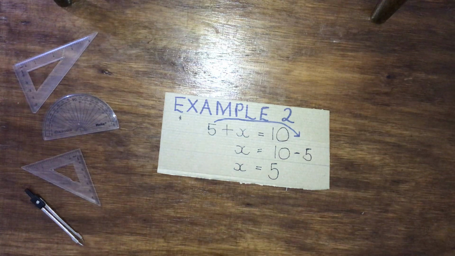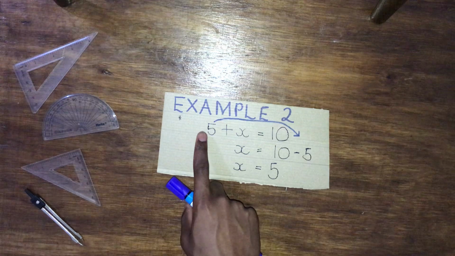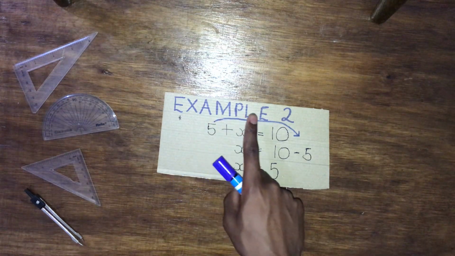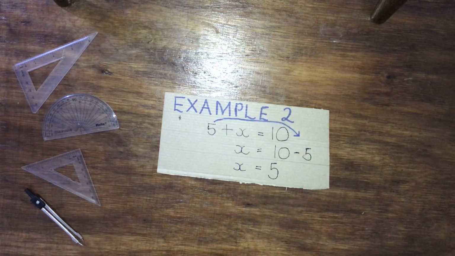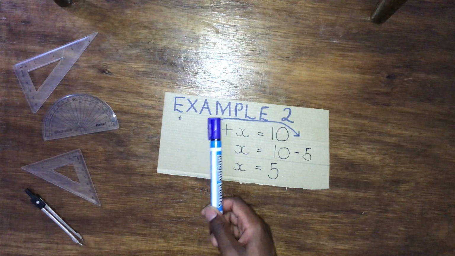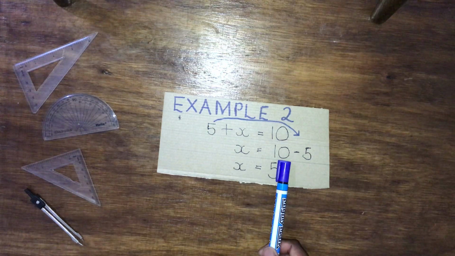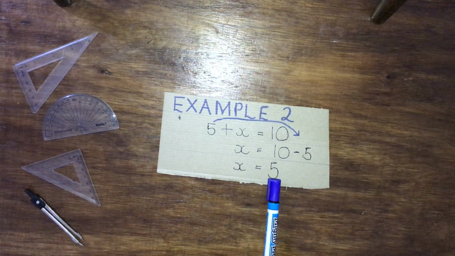So, it is safe to say the sign that is here changes when it goes across the equal sign. So if we had a negative sign here, for instance, this would now become positive and our x would now be 10 plus 5, which is 15.